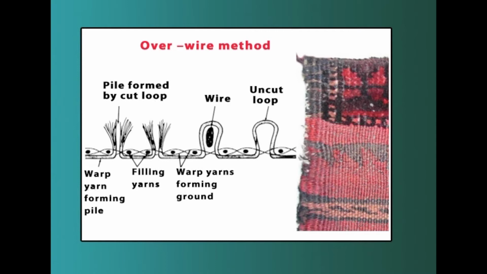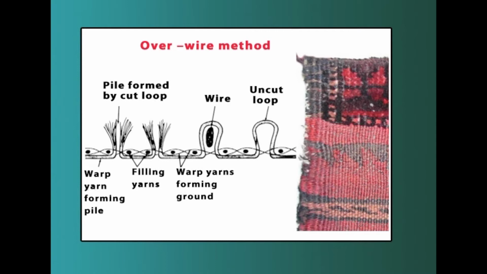When the pile is made, first the warp yarns that form the pile are raised by the harnesses to form the shed. Then the wire is inserted through the shed that has been made, and then the filling yarn is shot through. Then when the pile warps are lowered, they loop over the wire and are held in place by the next filling. Then the wire is withdrawn.